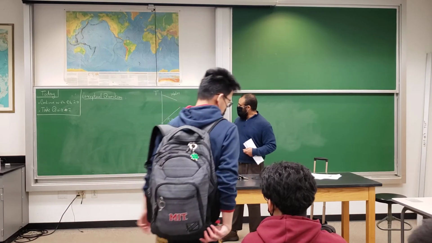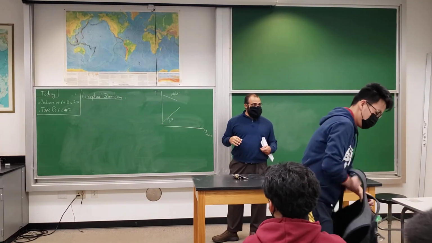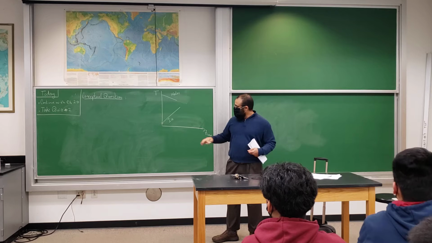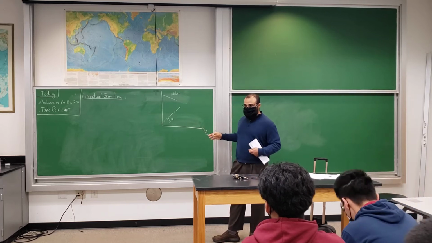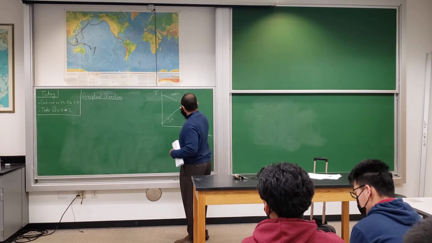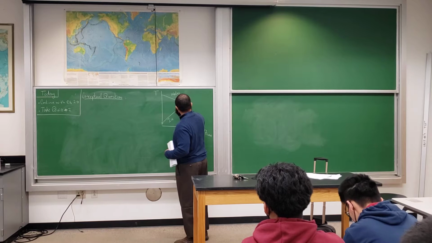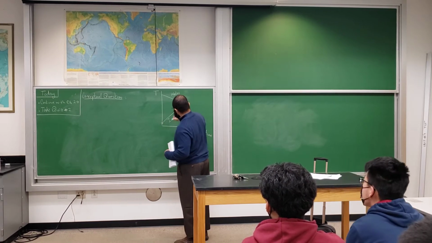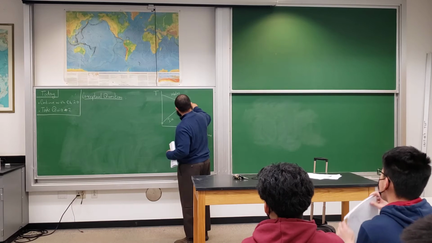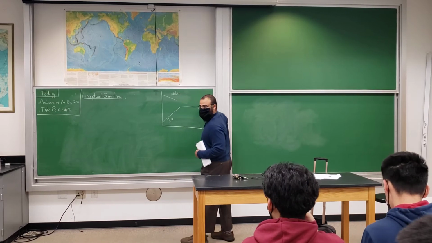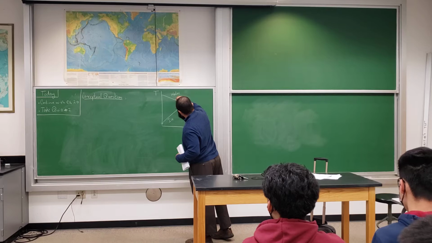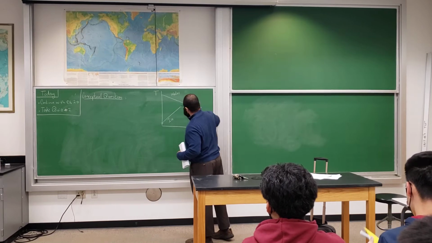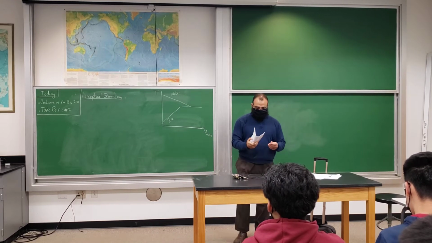The temperature of the ice will rise, the temperature of the water will drop, and this is as time goes on. So here's what happens. The ice will do this, and then it will flatten, and then the water will eventually get there.